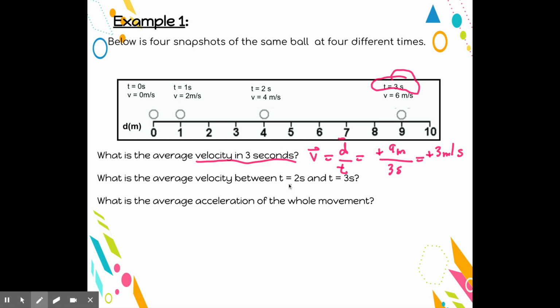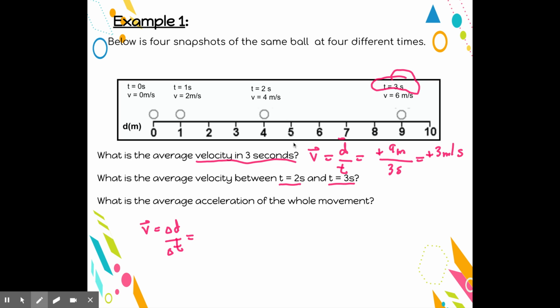The average velocity between 2 seconds and 3 seconds. I'm going to put this down below just so I have enough room. v is equal to delta d over delta t. Sometimes it's easier to show our work all in one step.